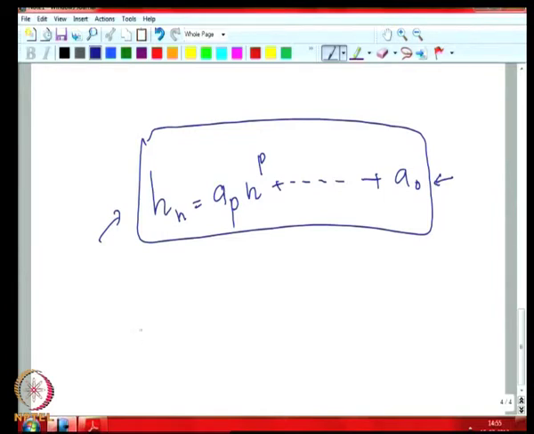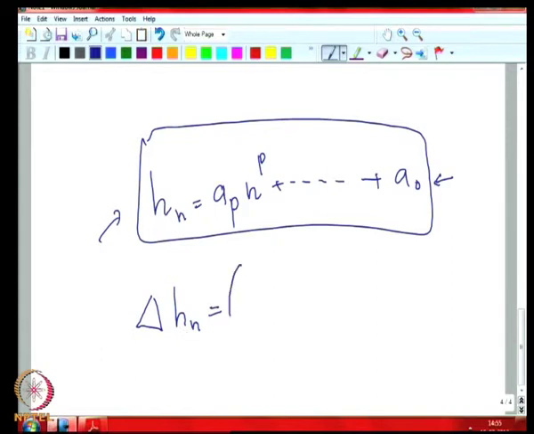Now, if I find delta of Hn, what do we get? It means the first order difference sequence, evaluated for any n.